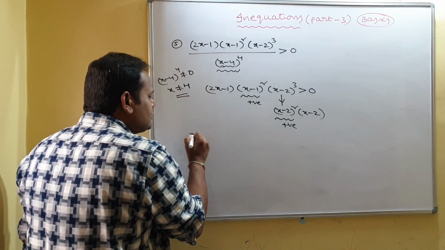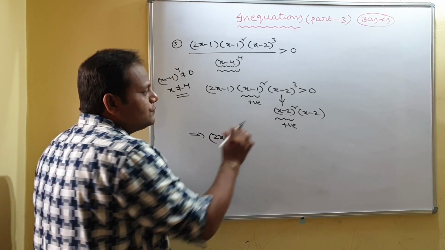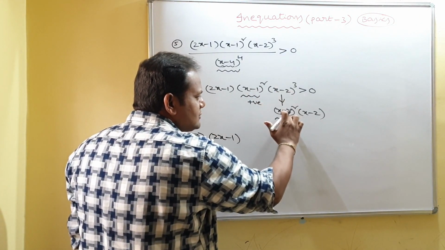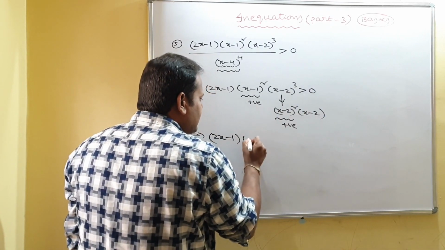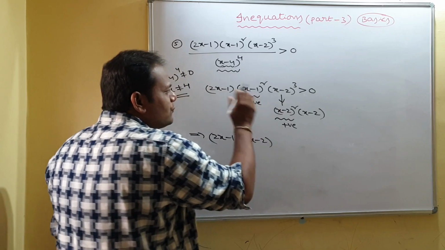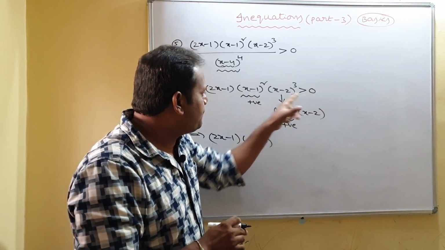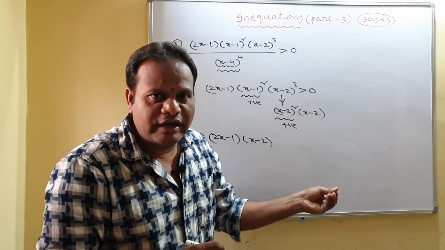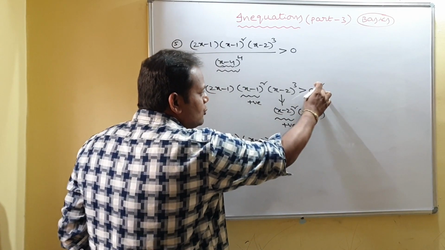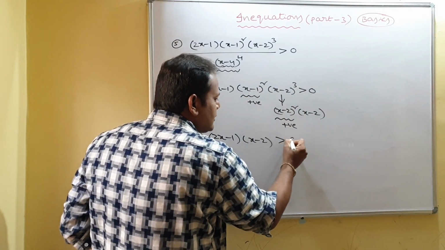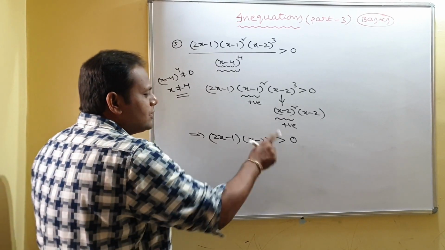Then we are left with what? 2x minus 1 into, since we shifted x minus 2 whole square to the right side, we are left with x minus 2. Here we shifted these two positive terms to the right side, so 0 by some positive value. No change in inequation sign. 0 by positive value will be again 0. Okay, now we got this.